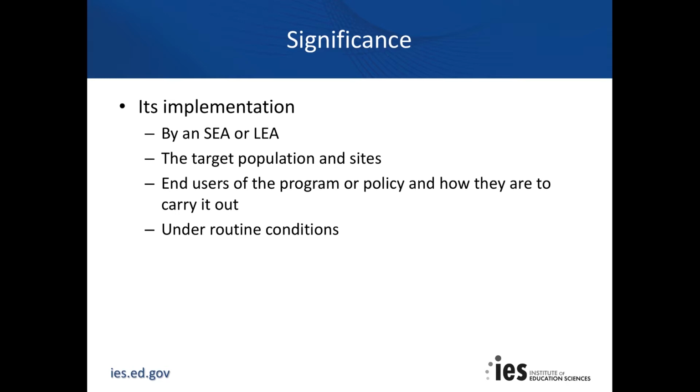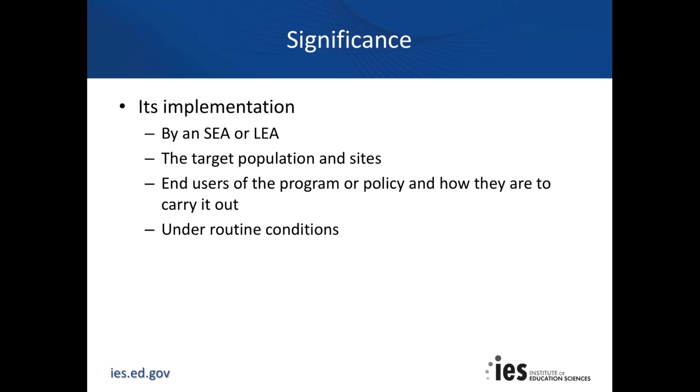If the program or policy is to start next school year, you should provide evidence that it will start, i.e. that there is funding available to start it, that there's the legal authority, that there is an office overseeing its implementation, and identify those who will implement it.